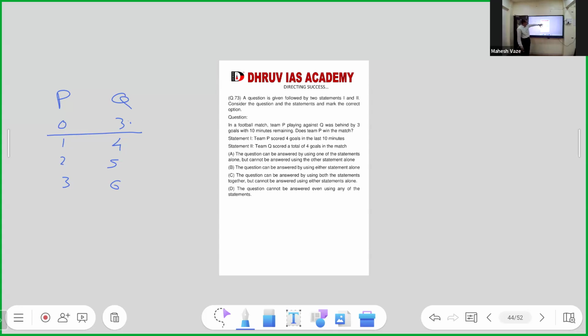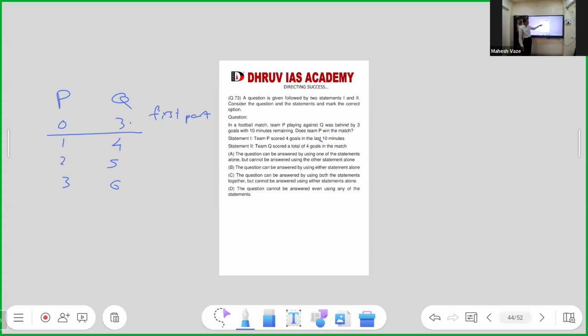Now, if you club both the statements, that means P scored 4 goals in the last 10 minutes, and Q scored a total of 4 goals in the match. Now there may be 2 cases, because Q has scored a total of 4 goals in the match. Suppose before the last 10 minutes, if this is the case that P is trailing by 3 goals, 0 and 3.